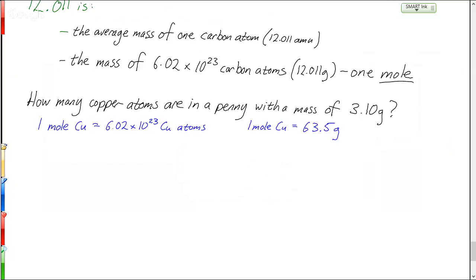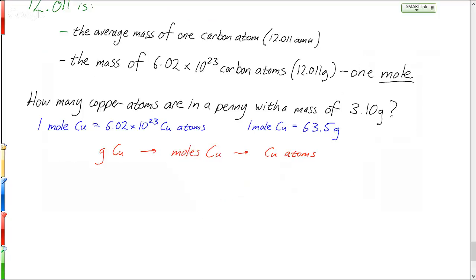Those equalities we can use to convert in the exact same way that we just did those other problems. So we can make a plan: the grams of copper, we're going to turn that into moles of copper, and then we can turn that into copper atoms using those equalities that we just wrote down. So the same thing as those other types of unit conversions, we're just using a different quantity now.